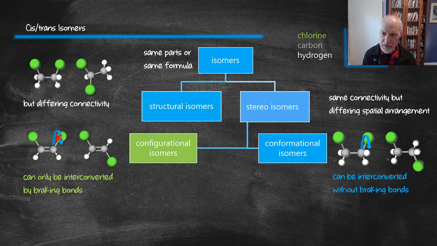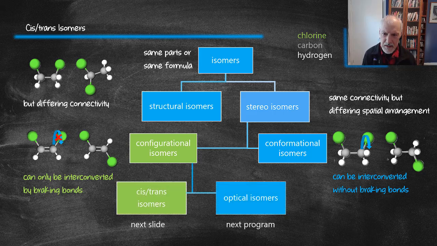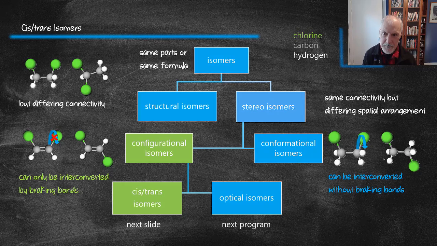Whereas the molecules on the left-hand side, we can't rotate. We actually would have to break bonds to turn it from one into the other. It's this configurational isomer that we're going to study in more detail. In our next slide, we're going to take a look at what are called cis and trans isomers, and in the next program, we'll look at what are called optical isomers.